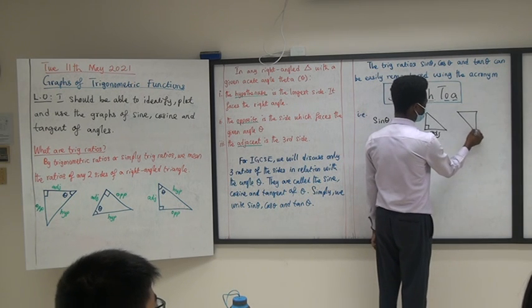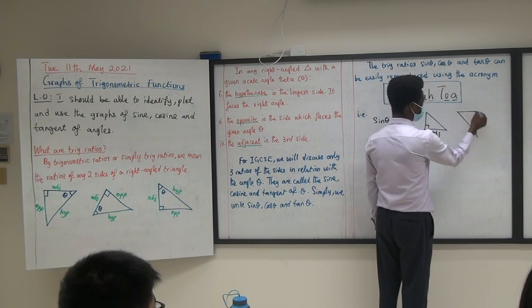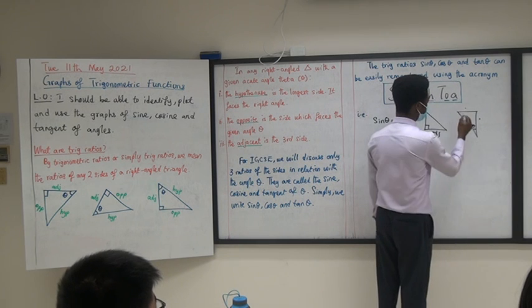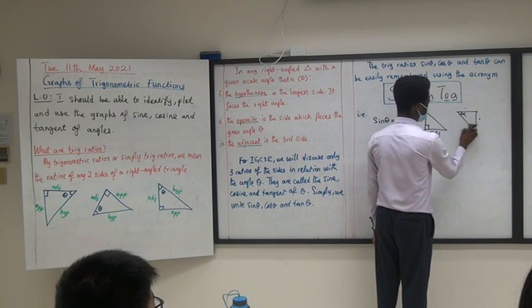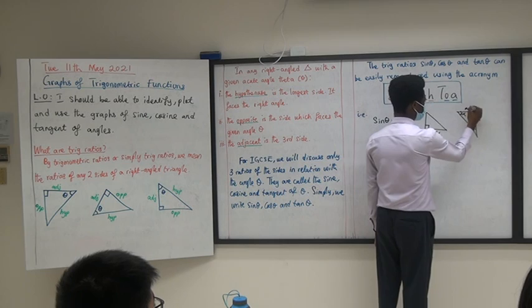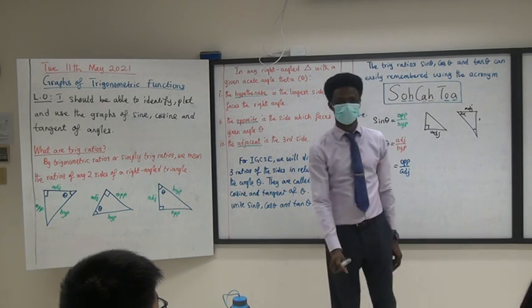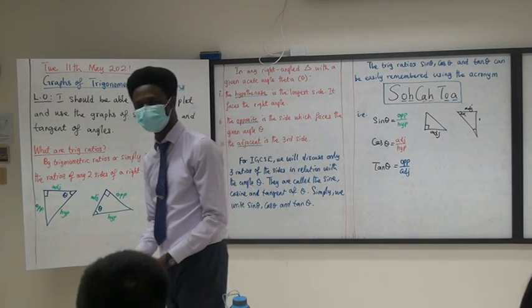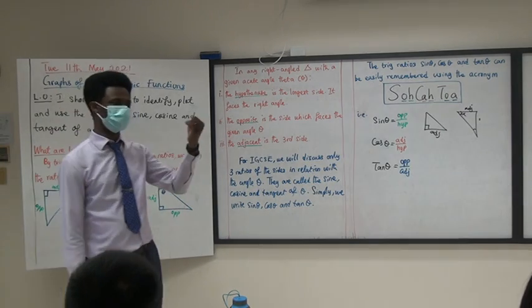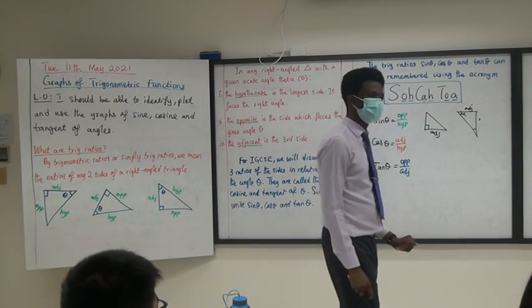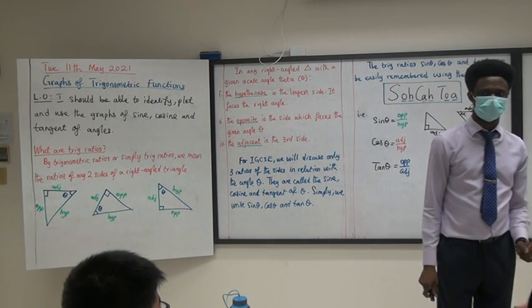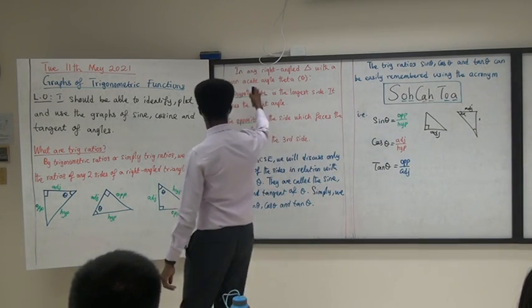So what happens if the angle in question is here? This is opposite, this is adjacent. What if the angle in question is alpha? Then this is the opposite and this is the adjacent. So the adjacent is now the head. Do you understand that? So just identify your hypotenuse, identify your opposite, and the third one takes the last one, the adjacent. Okay? So do not forget this.